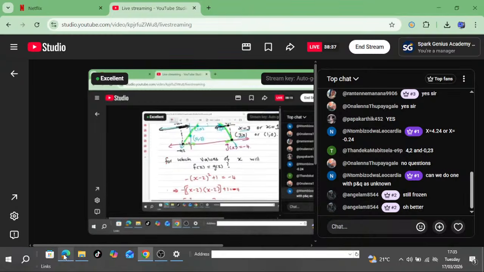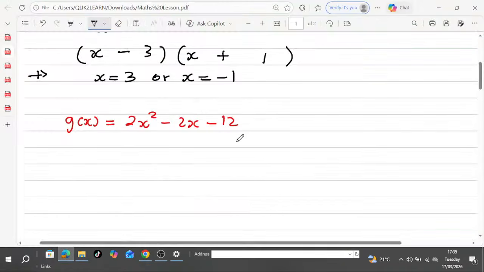Okay, nice. So now, let's plot the graph. First things first, we need to find the turning point. When you are given this equation in quadratic form, to find the turning point you have to first find the x value of your turning point. The formula that we use is x equals minus b over 2a.